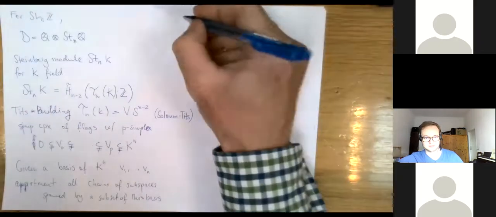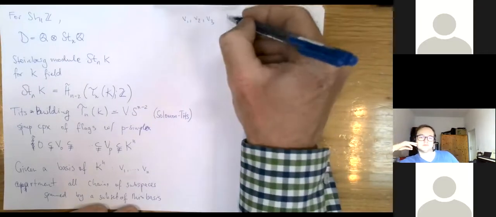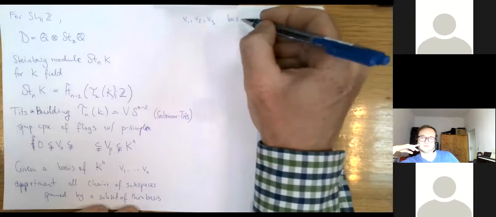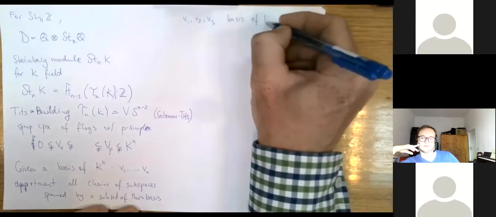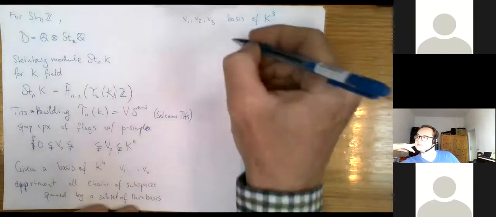if I have v1, v2, v3 as a basis of K^3, then what subspaces do I have?